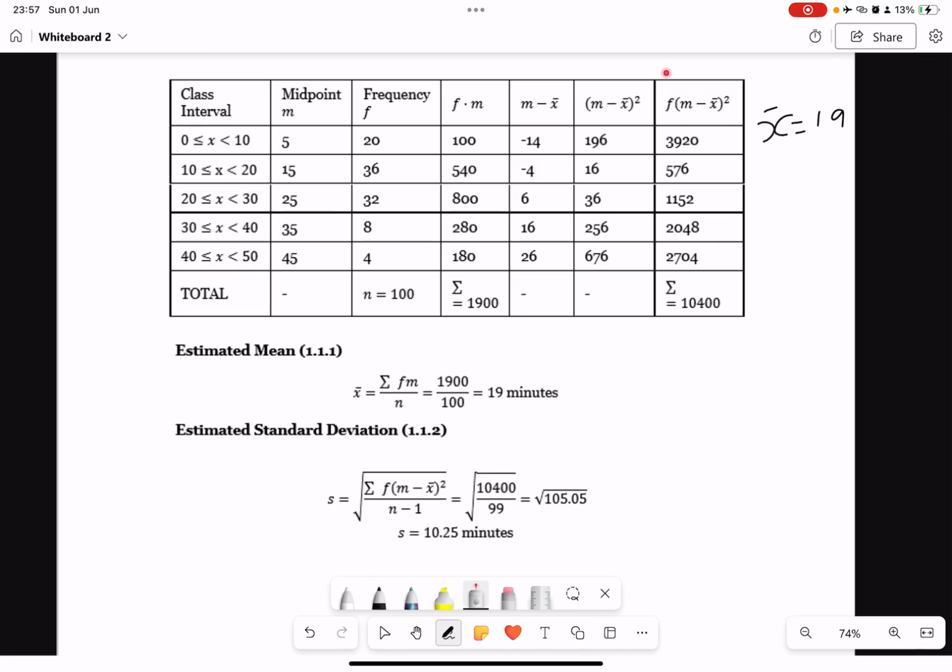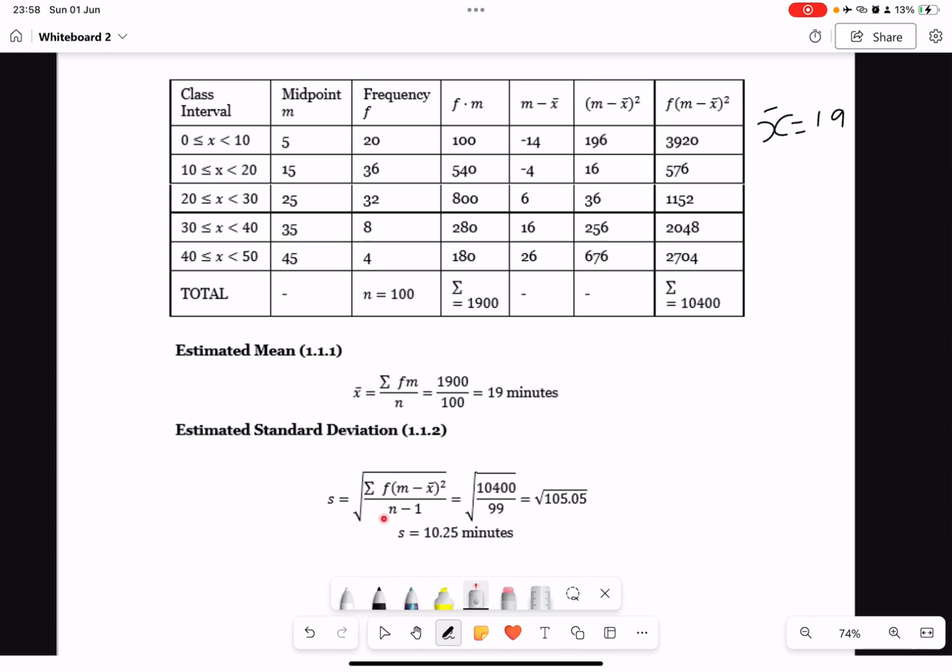So we're going to say square root, right? Because basically this formula here is for variance, no? But we need to square root it because we are looking for the standard deviation. And we can see that here we need the total of the product between the deviations and frequency all over the total frequency minus 1.